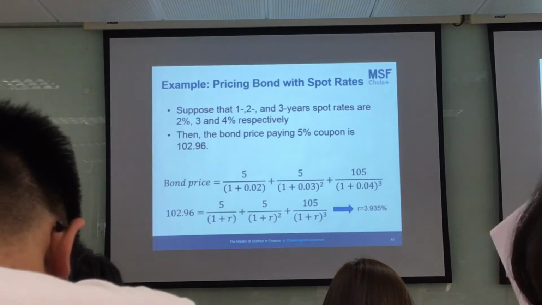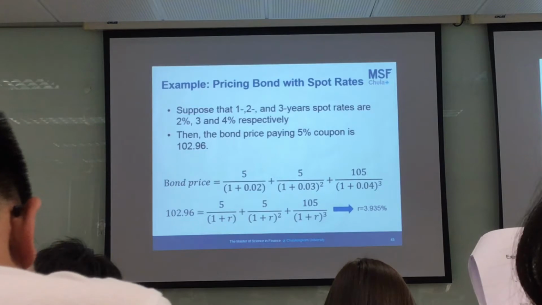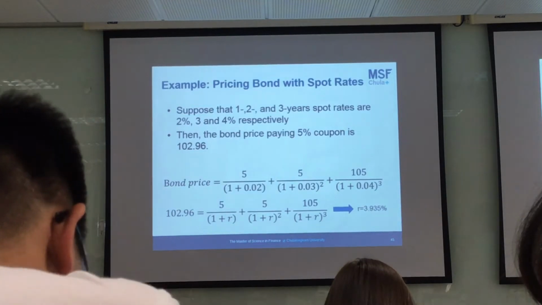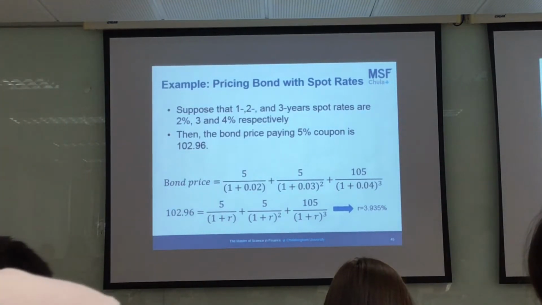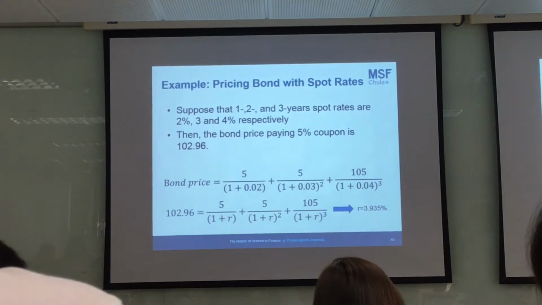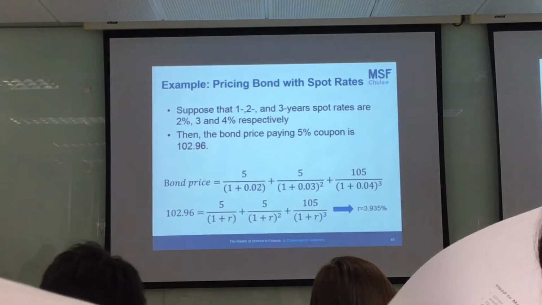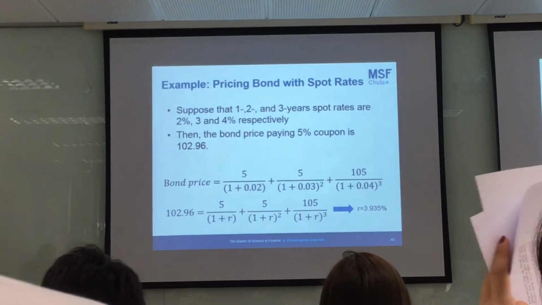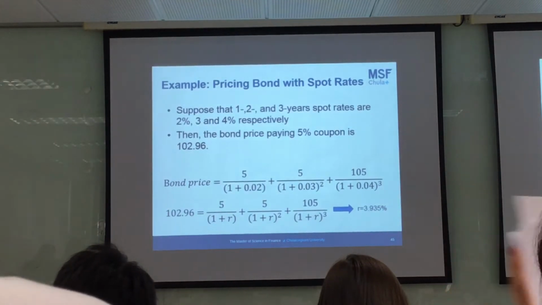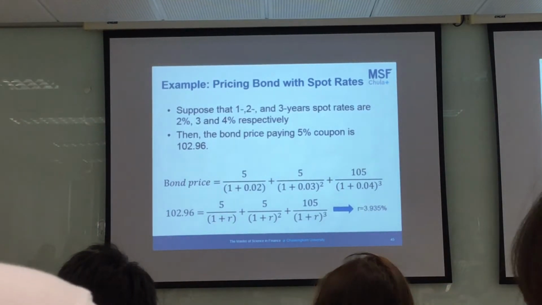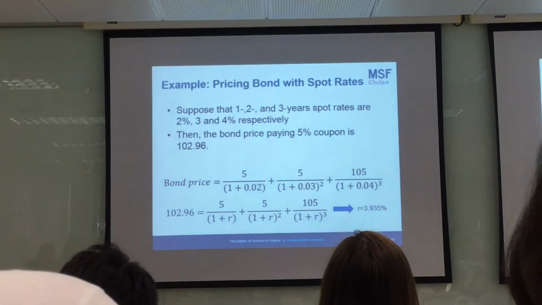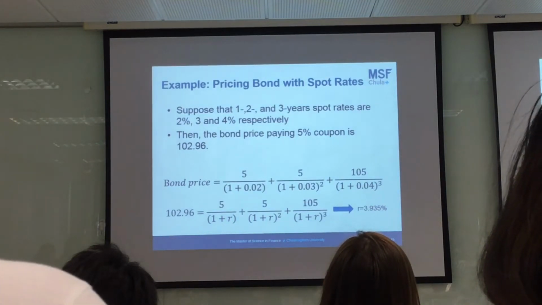Suppose this is a 3 year bond. The bond pays a coupon of 5 baht every year. Suppose that we can obtain the spot rate for 1 year, 2 year, and 3 year equal to 2, 3, and 4%.